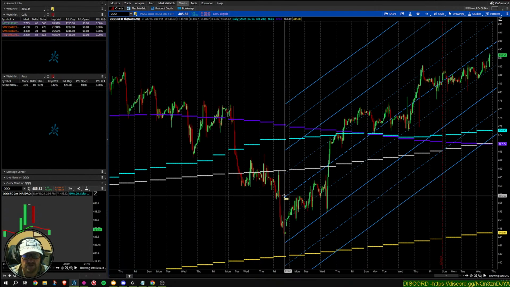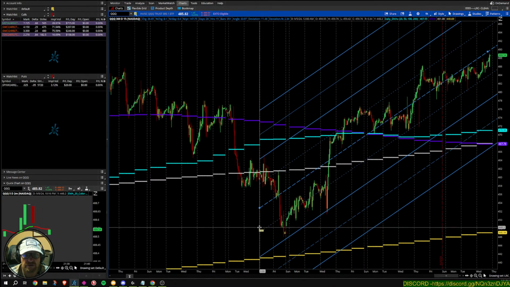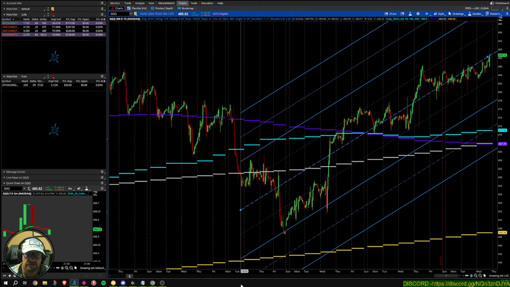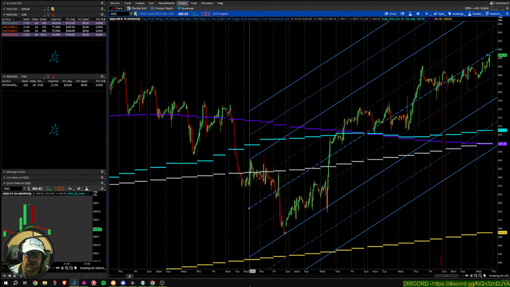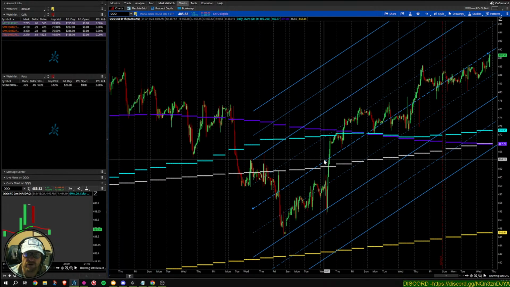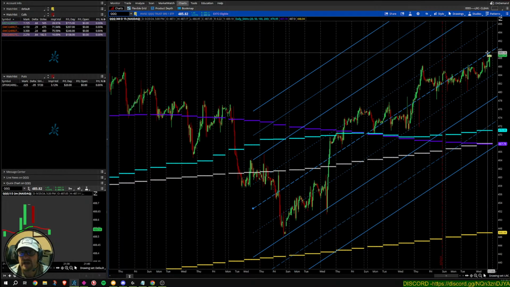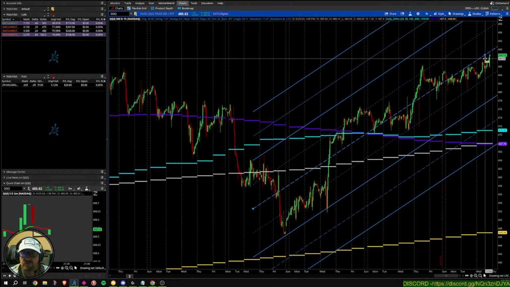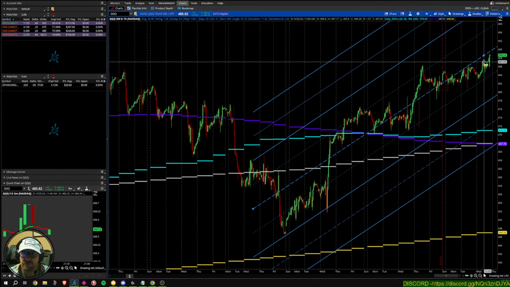Then what I do is I go in and I grab the node and I'll move it until I see the lines align with the actual pivot points, like these right here where you had a big move. I want to make sure they align as close as possible. They don't have to be perfect, but I do want them close.